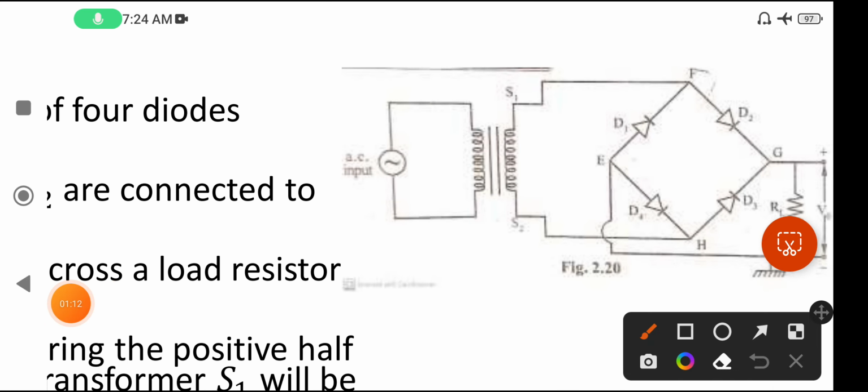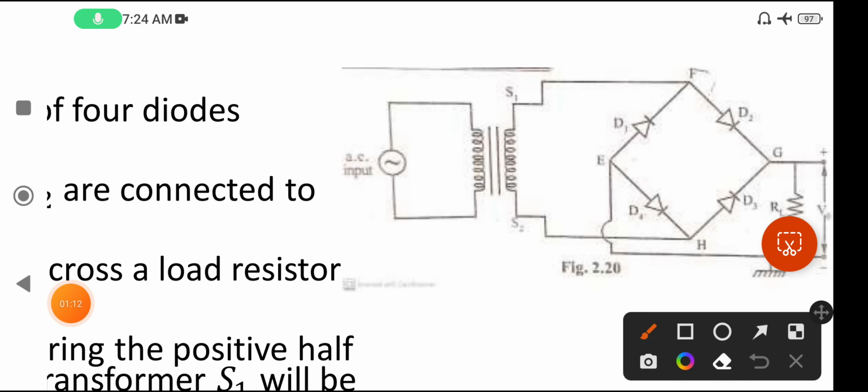Next. Right, and the next one is that the junctions G and E are connected to the output across the load resistor. Okay, S1 and S2 are connected to F and H, and G and E are connected to the output across the load resistor, that is RL.